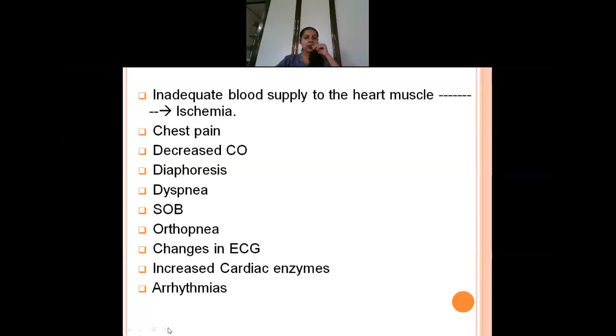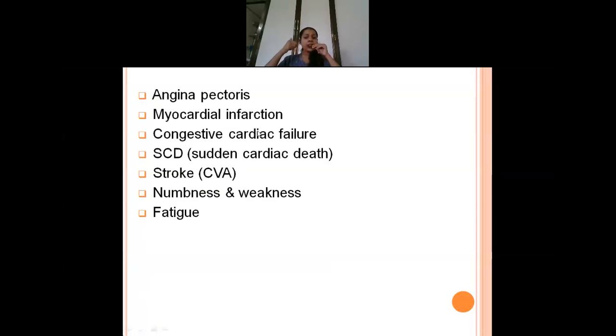Okay, and along with that, the person can have angina pectoris. Angina pectoris means actually chest pain. Okay, we'll come to the topic next unit, that is angina pectoris. Sometimes it can also result in myocardial infarction, that is heart attack. I already told how heart attack occurs. The atheroma or the plaque which was there, it will be dislodged as a blood clot.